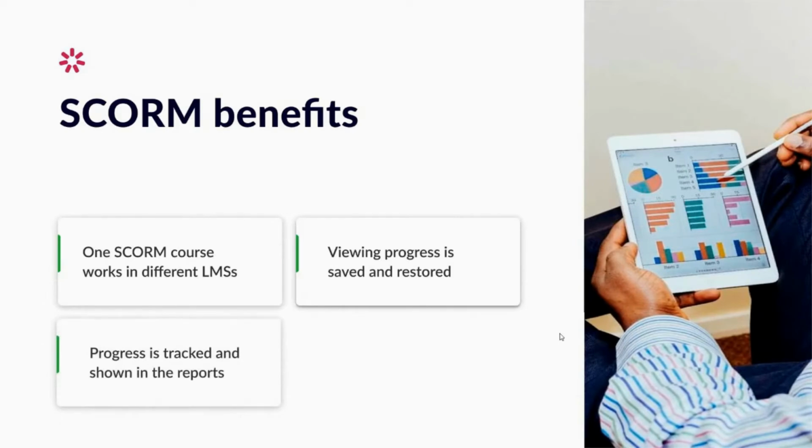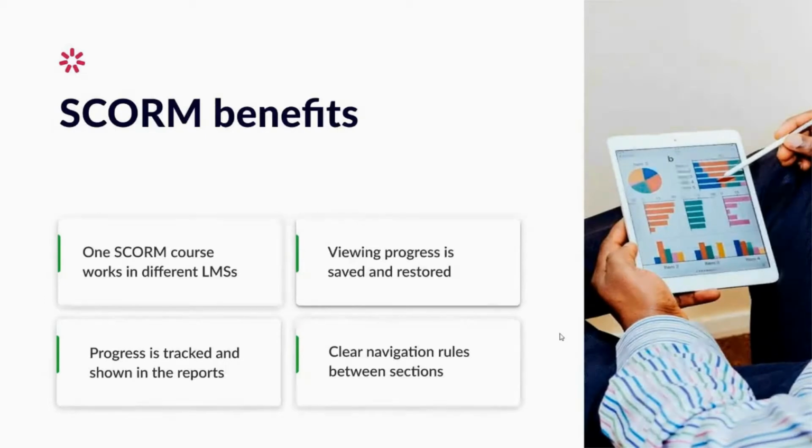You will be able to see the student's progress in the reports. SCORM sends this information to the LMS. And finally, a clear course structure. You can create a set of rules for moving between sections. For example, learners may need to read all of the slides, and only after that can they go to the final test.